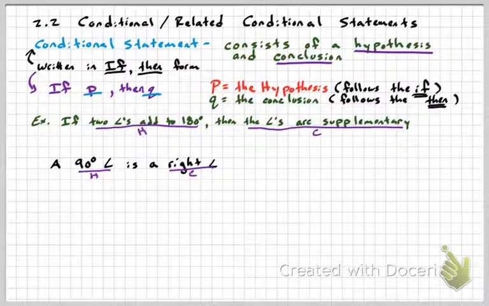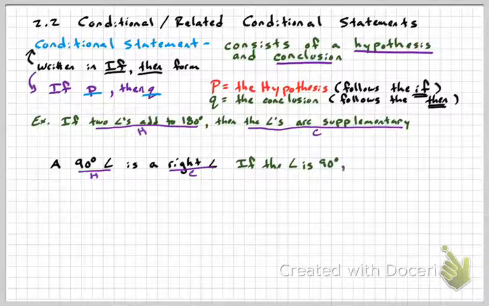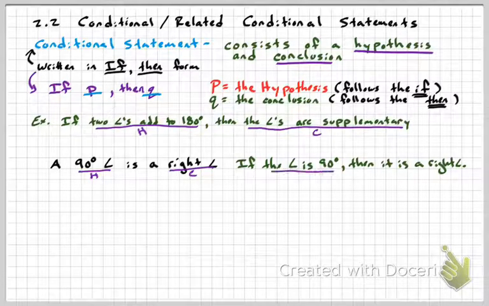So if I were to convert this to an if-then form, I would say if the angle is 90 degrees, then it is a right angle. And as you can see, right, my hypothesis is right here, my conclusion is right here, and they match up directly.